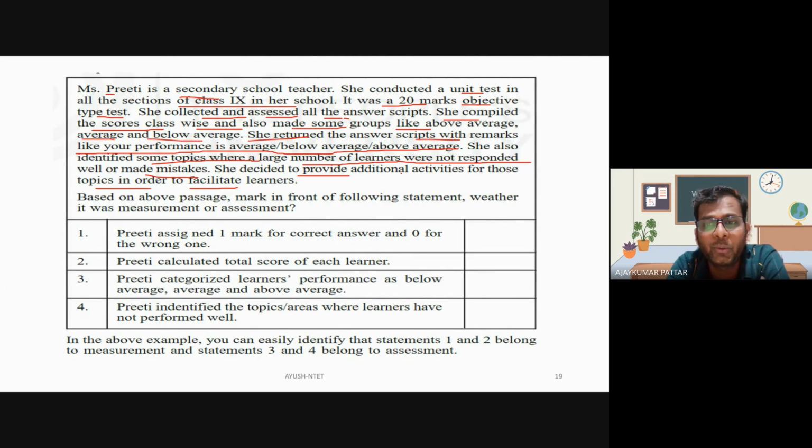Then she decided to provide additional activities for those topics in order to facilitate the learners.